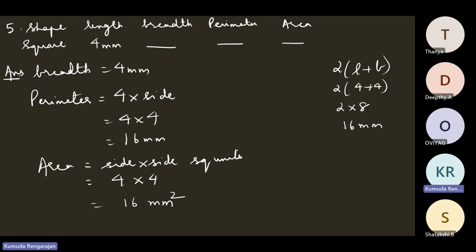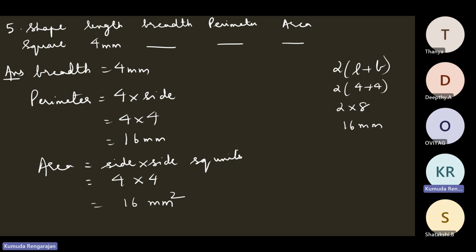But if suppose the perimeter is given and you find the semi-perimeter and then you find the breadth using semi-perimeter minus length, you will get the same answer. You can treat a square like a rectangle, but you cannot treat a rectangle like a square.